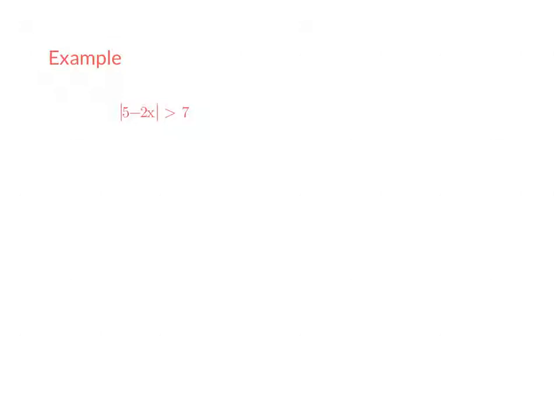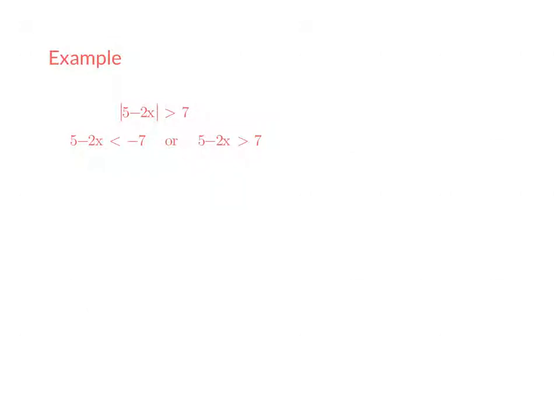It's going to be something a little different, and let's see what that's going to look like. So this becomes two inequalities with an or statement between them. So in this case, what's inside the absolute value, 5 minus 2x, could be less than minus 7, or it could be greater than plus 7.